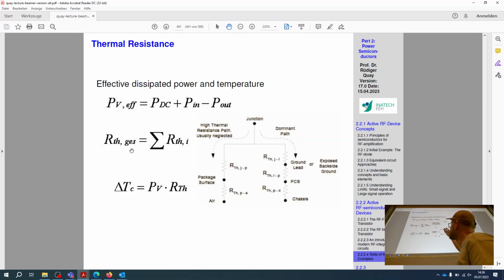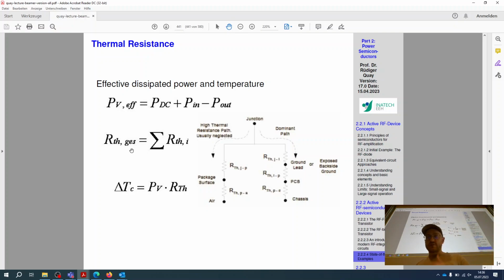The heat that is produced is from the DC power you put in, plus the input power that you drive into your amplifier, minus the power that you get out of the amplifier, the RF power that you take out. So given that your amplifier will have an efficiency of around 30 to 60, 70%, a lot of the DC power is lost simply into heat.